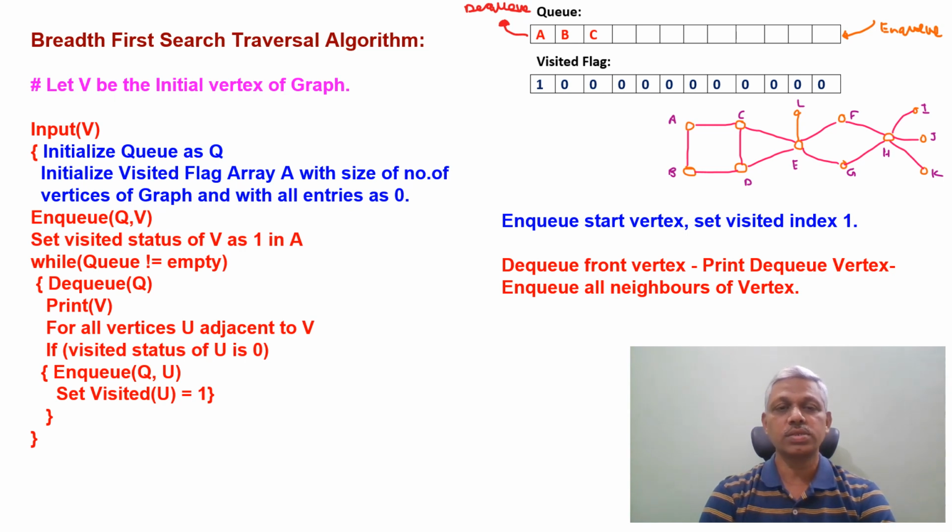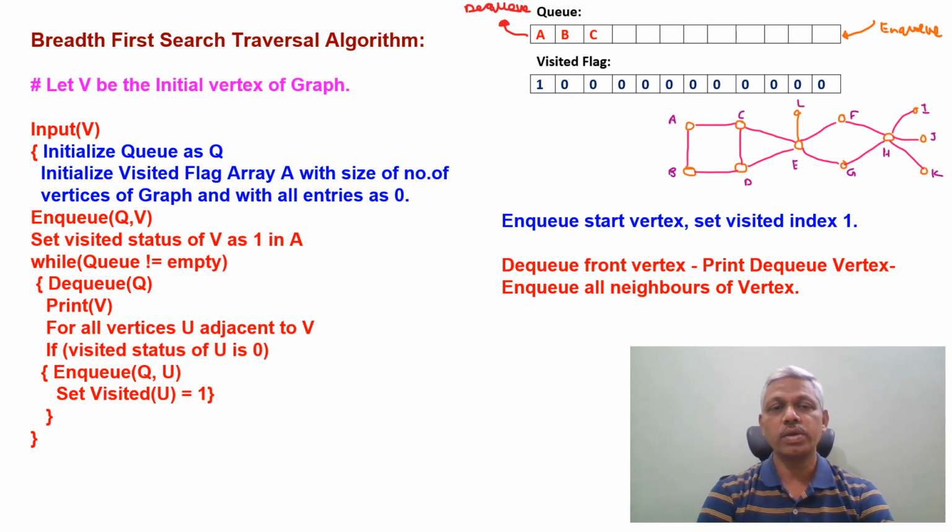So for all vertices u adjacent to v, if visited status is 0, then enqueue Q comma u. So add those vertices to the queue which are not visited so far. That means the visited flag is 0. Then set visited u equal to 1. Once it is visited and added, set visited u equal to 1.